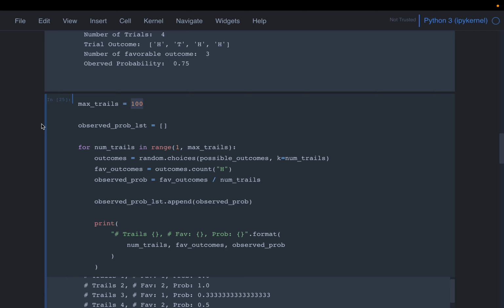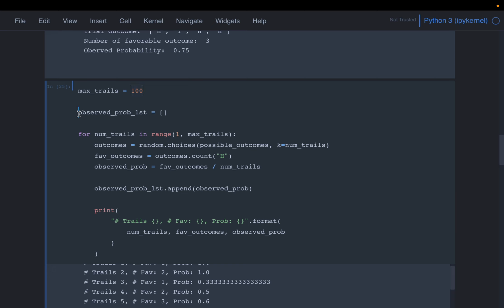In experiment 2 we flip the coin 2 times, we compute the probability. In experiment 100 we flip the coin 100 times and then compute the probability. Here we just defined this empty list. We are going to collect the measured probability for different numbers of flips.